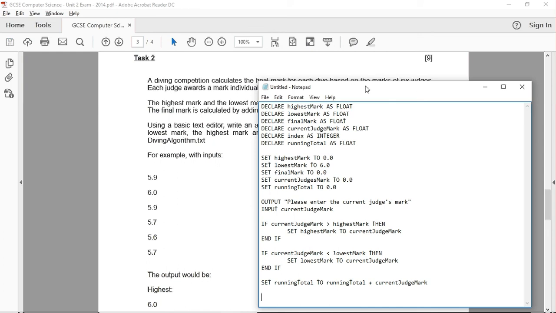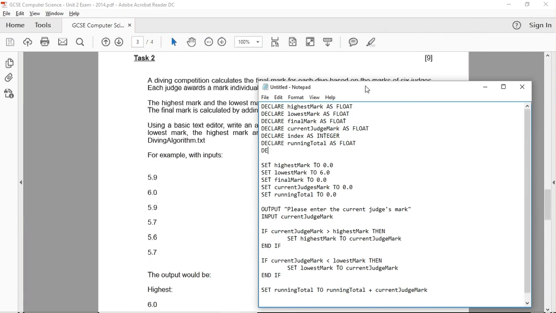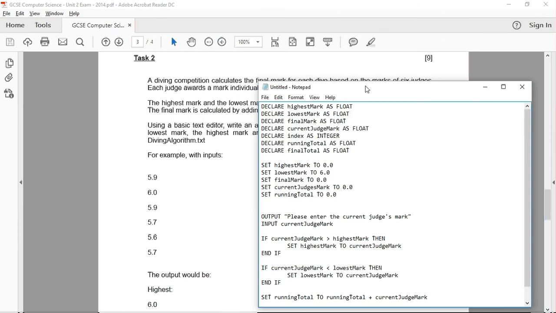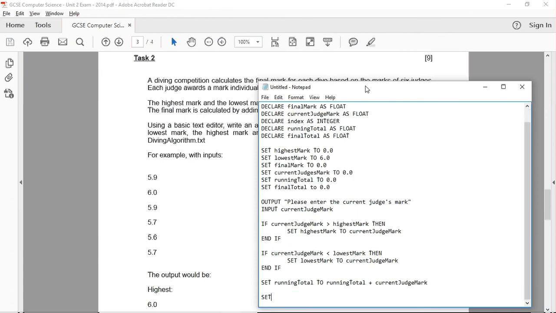I'm going to declare another variable to store that. Declare final total as float and set that to 0 or 0.0. My final total is going to be equal to the running total minus the highest mark, because we discard that highest mark, minus the lowest mark.